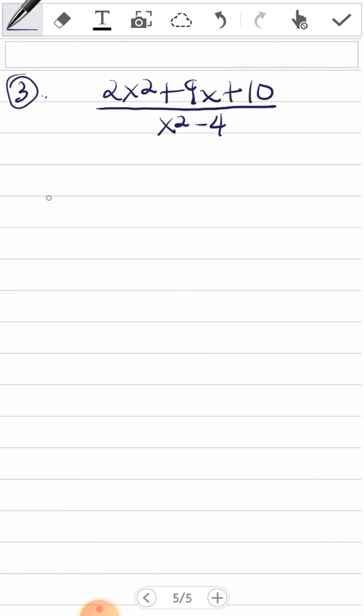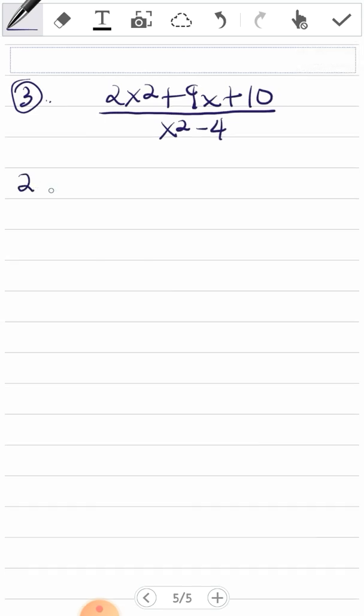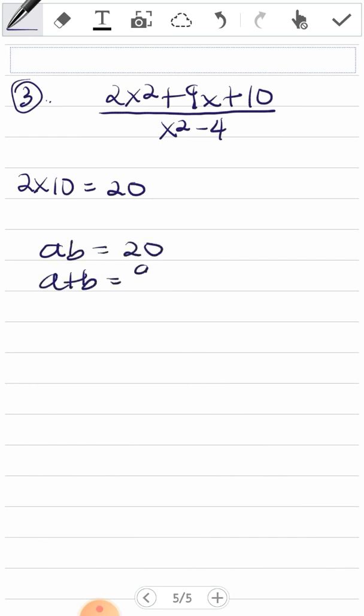When you multiply 2 times 10, you're going to get 20. That means you have to get integers a and b that when you multiply, you get 20, and when you add, you get 9.